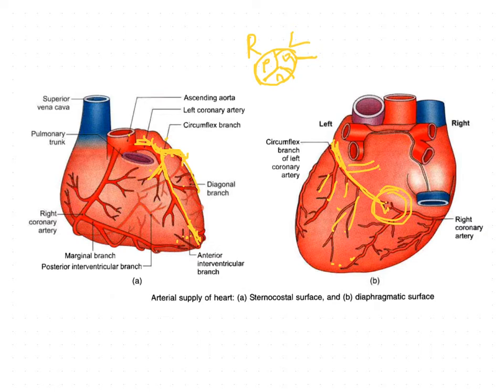in the myocardium. And coming to the extra cardiac anastomosis, the coronary arteries anastomose with the vasa vasorum of the pulmonary arteries and the internal thoracic arteries, vasa vasorum of the aorta, the bronchial arteries and the phrenic arteries.